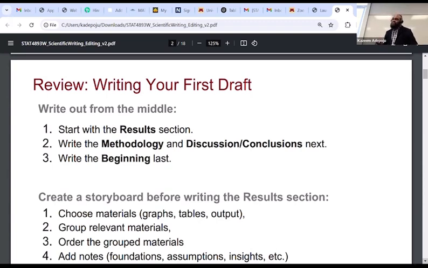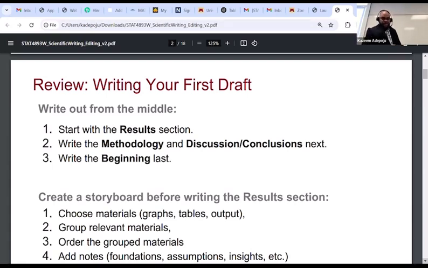So introduction and abstract should come last. Of course, if you arrange your paper, they are going to be first, the beginning. But you have to write this beginning last, and we know the reason why we're doing so.